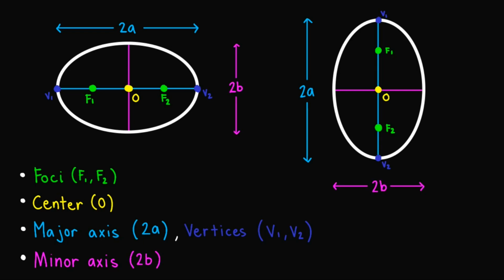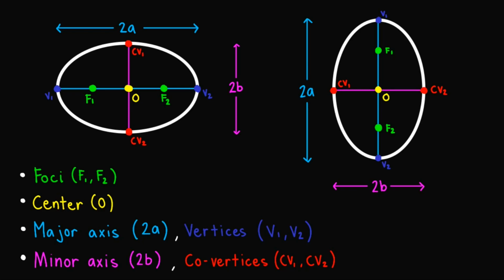So again, take note of this one as well, as this one will be important in the equation of an ellipse. Similarly, the endpoints of the minor axis, on the other hand, are called the co-vertices of an ellipse, which are represented by CV1 and CV2.